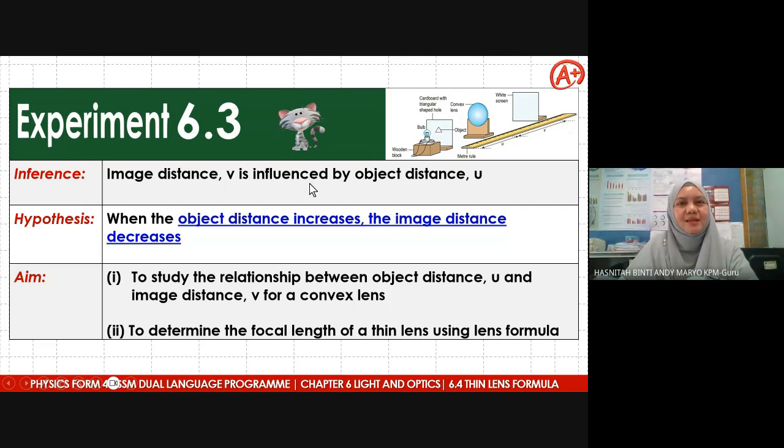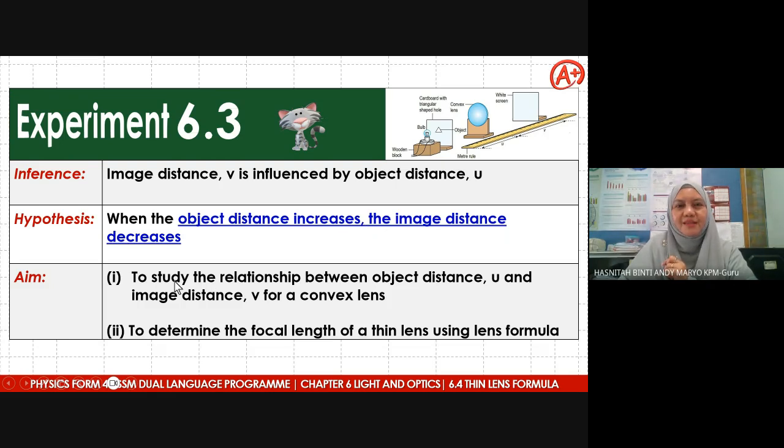Image distance is influenced by object distance, which means in this experiment, when we change u, v will change. And the hypothesis: when the object distance increases, the image distance decreases, which means u is inversely proportional to v.